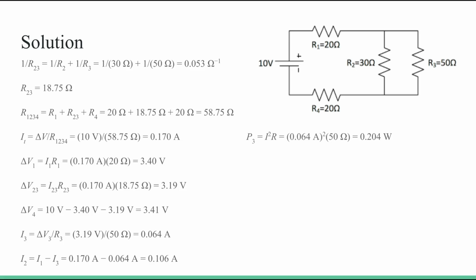Then you could do delta V 2,3, the potential difference across resistor 2,3, so that little equivalent resistor. So you could do I23. I'm just going to draw the diagram again because you might get confused.